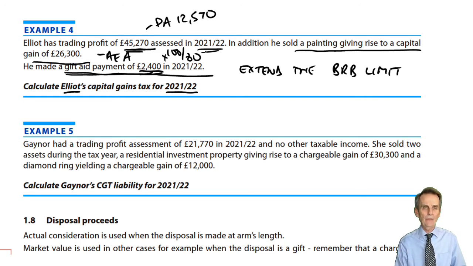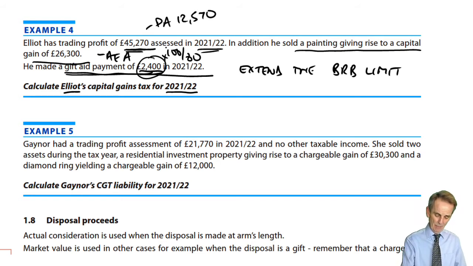But it is relevant now for the calculation of your CGT liability, because we're going to extend that basic rate band limit from 37,700 up by the gross amount of that gift aid payment. And that will mean more of our taxable gain will then be able to be taxed at that lower rate of CGT, at our 10% instead of our 20% rate.